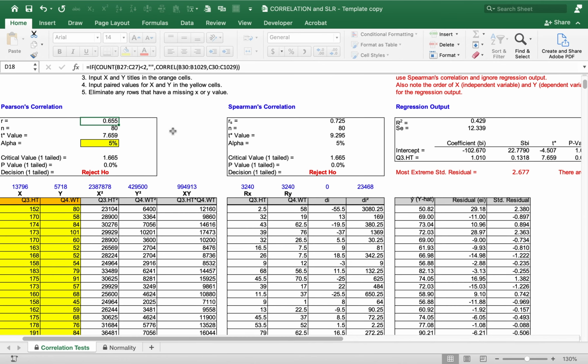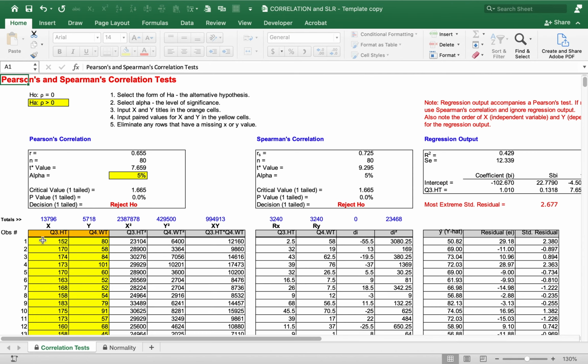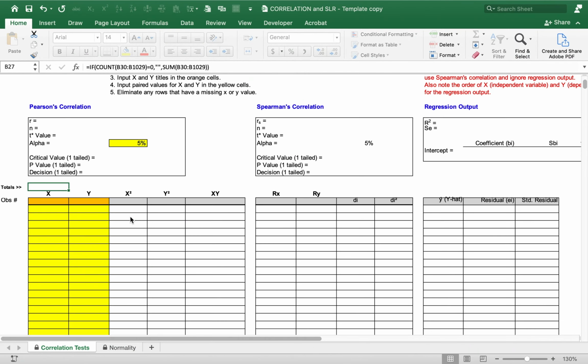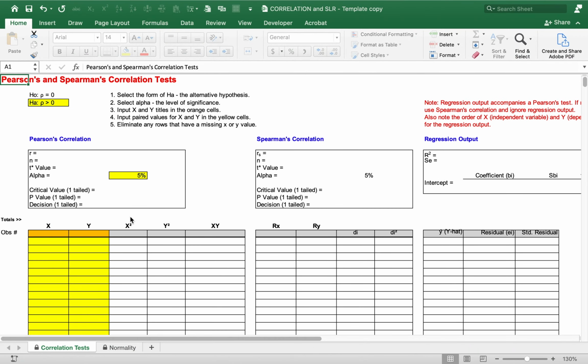It's actually 0.65. So that's the first problem that I want to show you here. Let's get rid of these data now, because I want to show you how you handle the problem when we're dealing with where one of the variables or both of the variables are ordinal in nature.